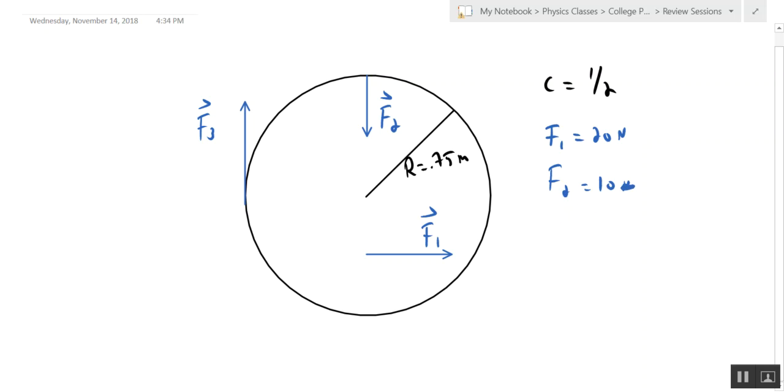F3 is, let's make it 5. All right, just to be clear, this is half the radius.